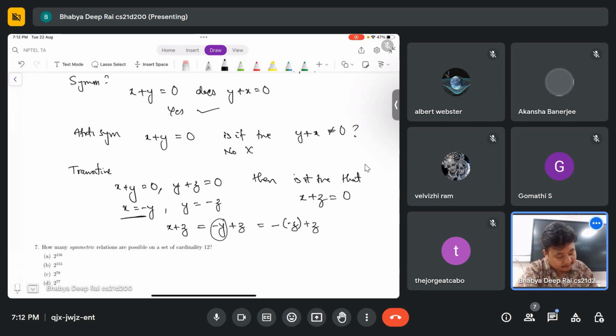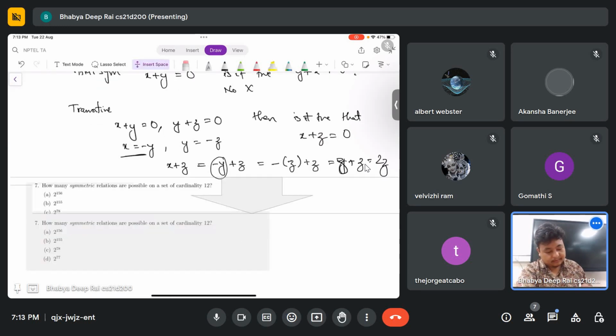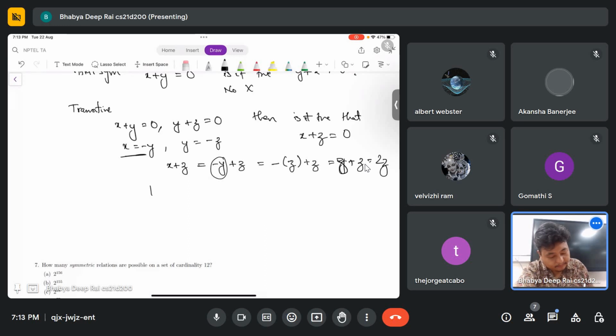Sorry, this should be z plus z, which is equal to 2z. So this is not necessarily true, so it is not transitive.